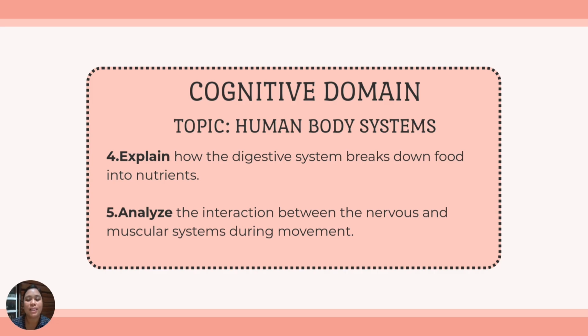Learners examine how the brain sends signals, how muscles respond, and how coordination allows movement. These verbs clearly demonstrate how learners engage their thinking skills, starting from remembering and understanding, moving to analyzing, and finally evaluating complex relationships.